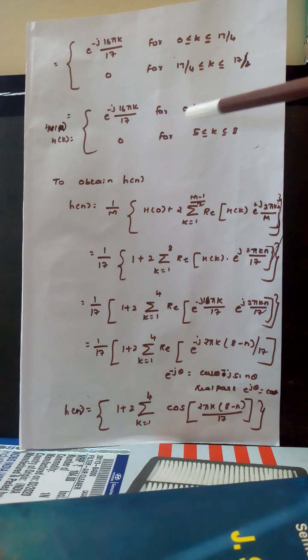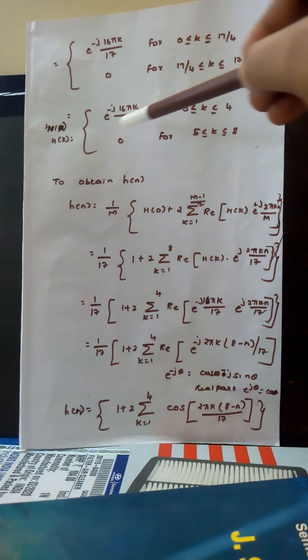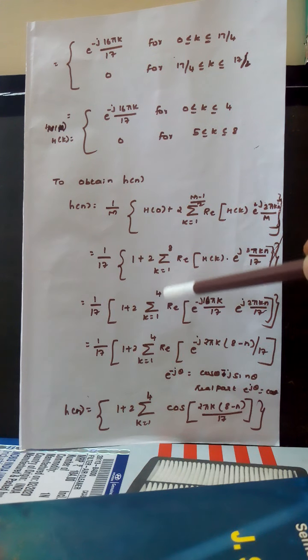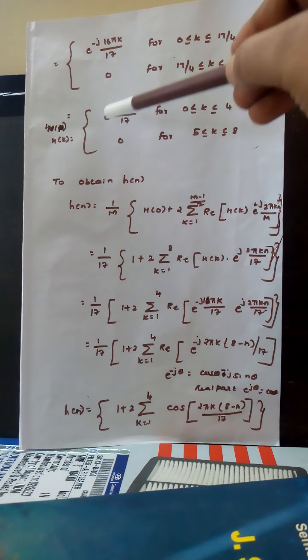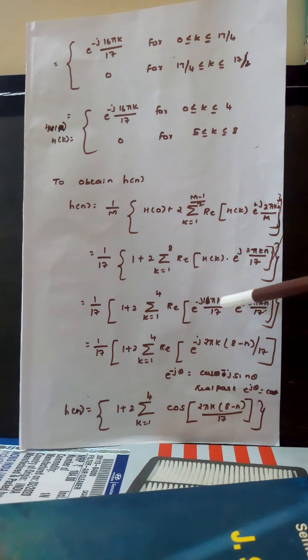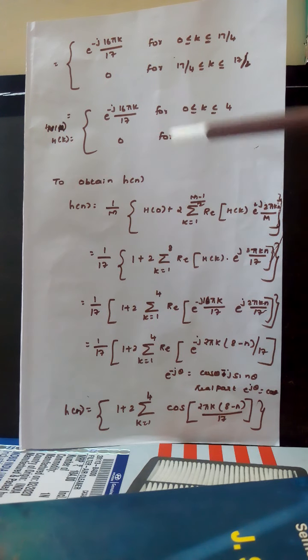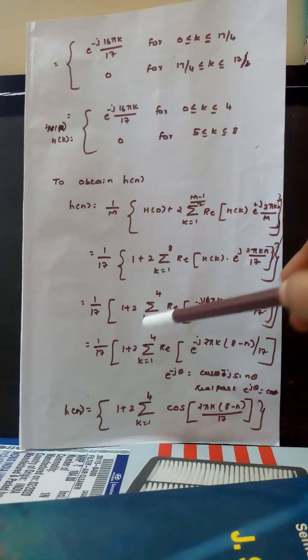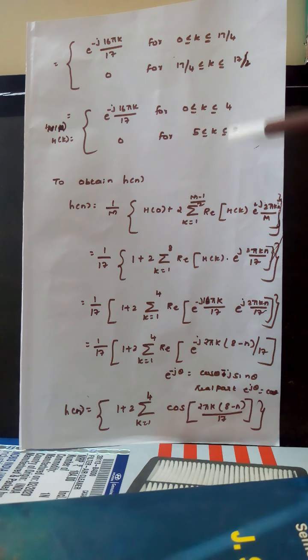In this 0 to 4 we have h of k, this is the term. So here instead of 8, I am writing k equal to 1 to 4. So h of k is e to the power of minus j 16 pi k by 17. And other than that, for 5 to 8, the value will be 0. So that's why, instead of 8, I am writing 1 to 4.